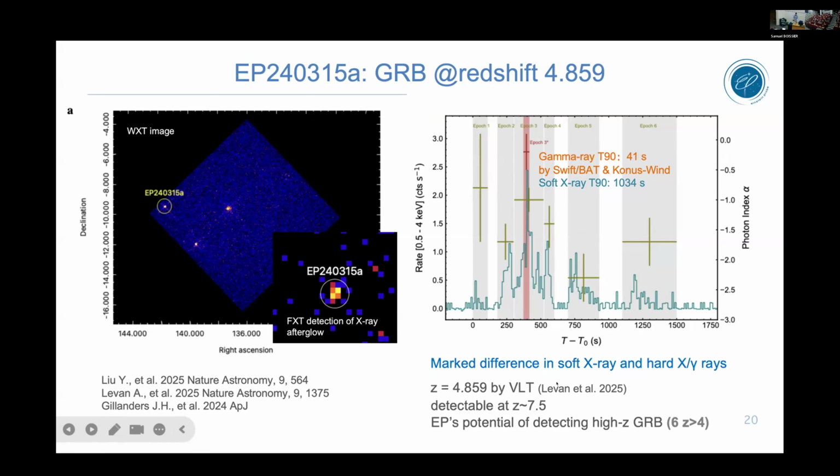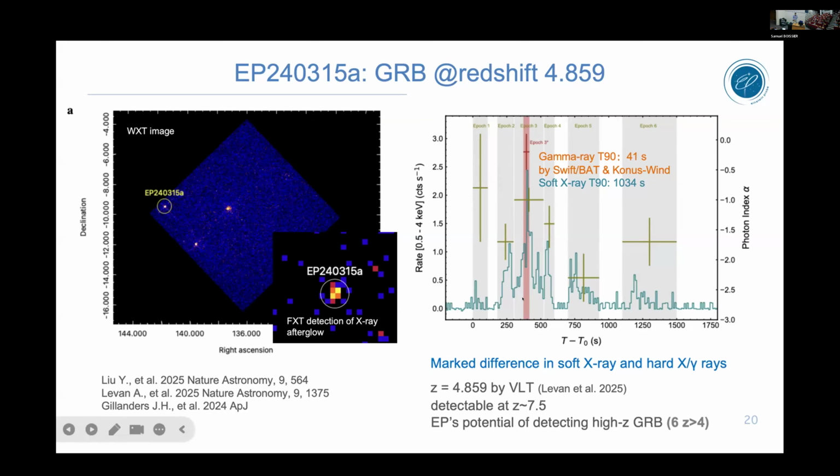And the redshift was confirmed by measurement with VLT. For EP, this kind of event can be detectable at much higher redshift. And actually now EP has already detected 6 events that have redshift more than 4. But the problem is how to measure the redshift.